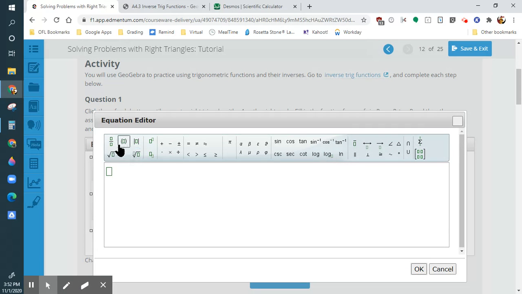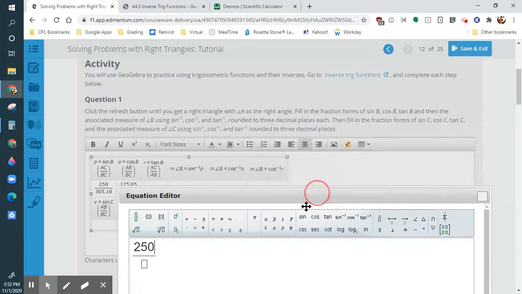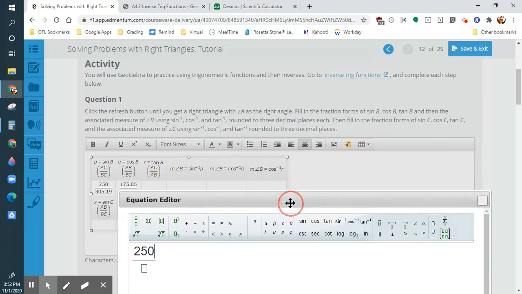I think they want the decimal, but I'm just going to do the fraction, and I'll show you how you can just use the fraction also. Tangent is opposite over adjacent.